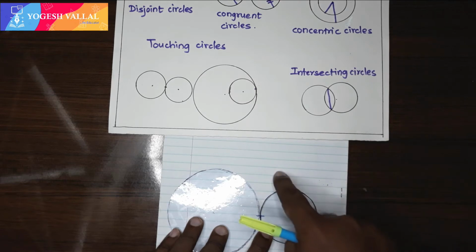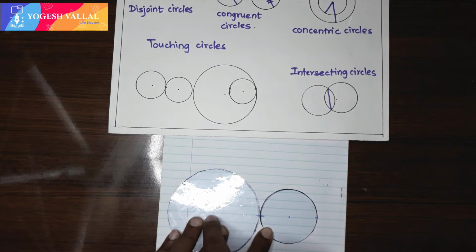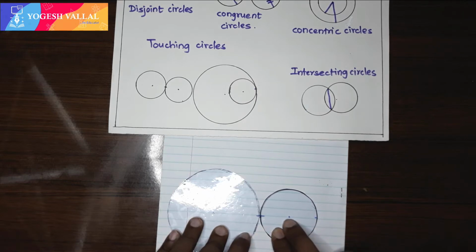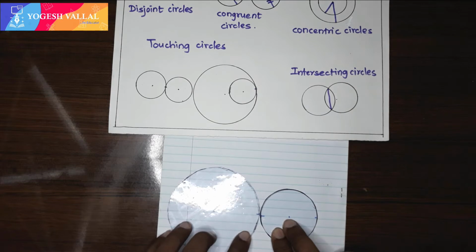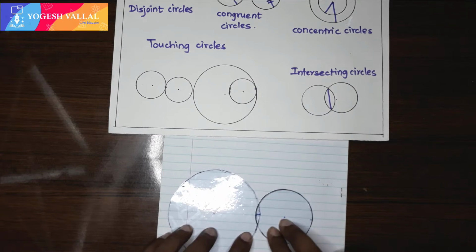Look at the lines of the paper below the circles. We can easily observe that their centers and their point of contact are collinear.